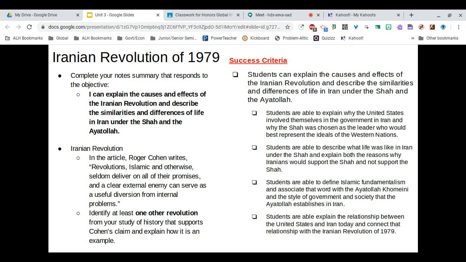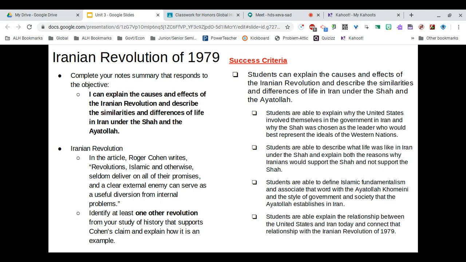And he also states, "Revolutions, Islamic and otherwise, seldom deliver on all of their promises, and a clear external enemy can serve as a useful diversion from international problems." So what he's trying to say here is they're able to say, we can focus on something that's outside as a way to divert from the inside issues that we have ourselves.